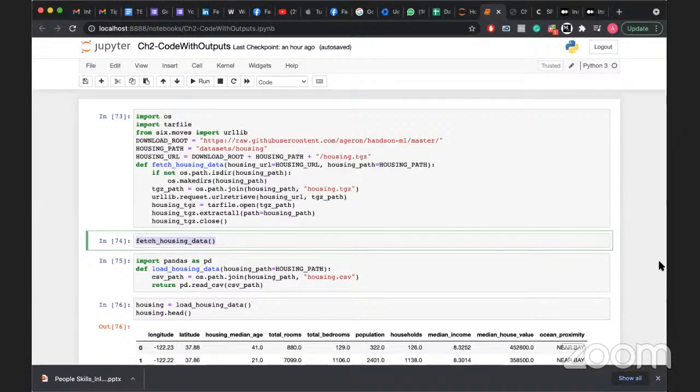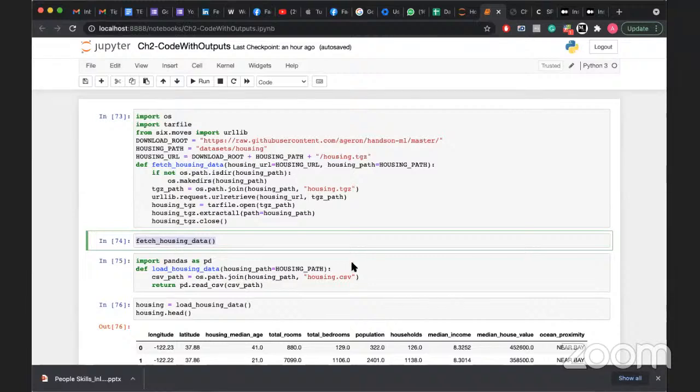It downloads the data and extracts it. Come on. Done.